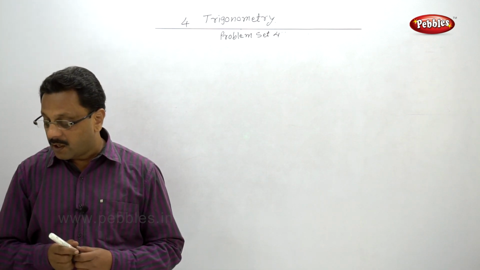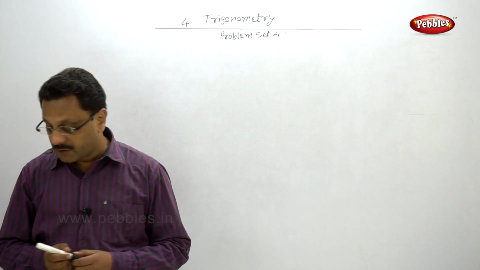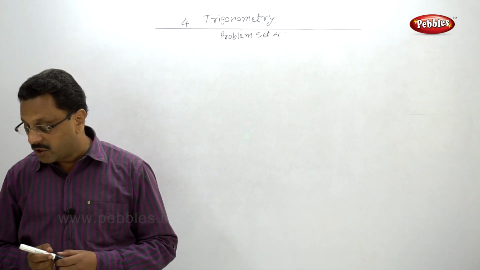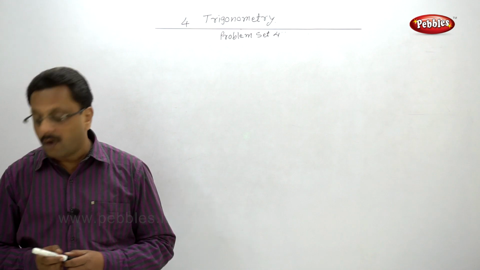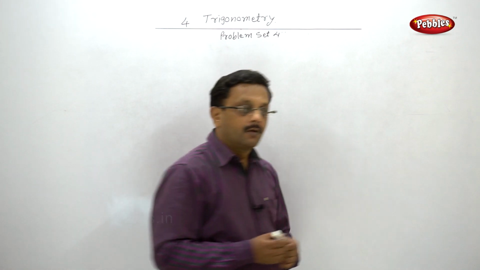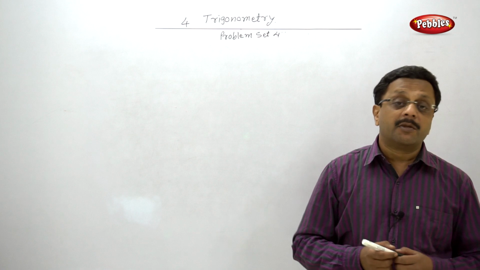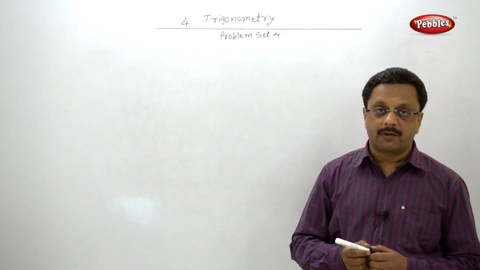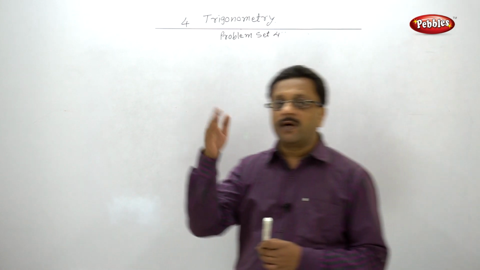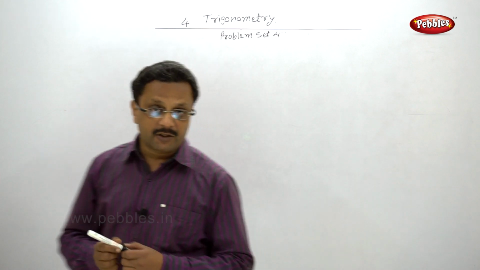If the terminal arm passes through the point (1, -1), making an angle theta, find the value of sec theta. Very simple. The terminal arm is passing through 1 and minus 1, so you have x is 1 and y is minus 1.